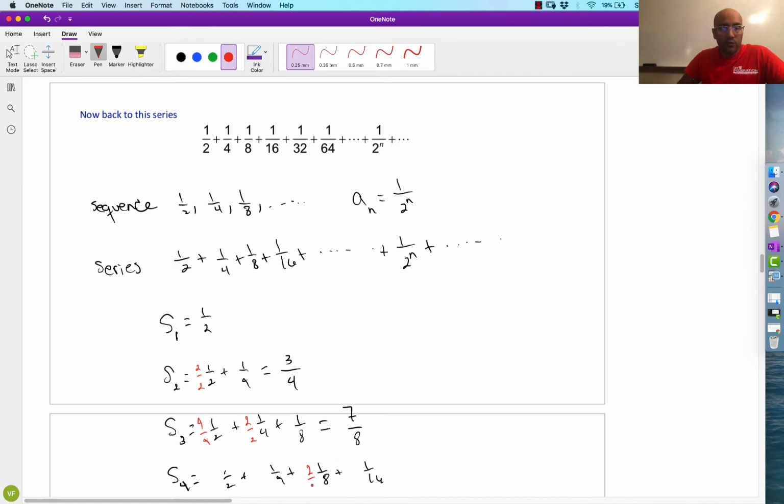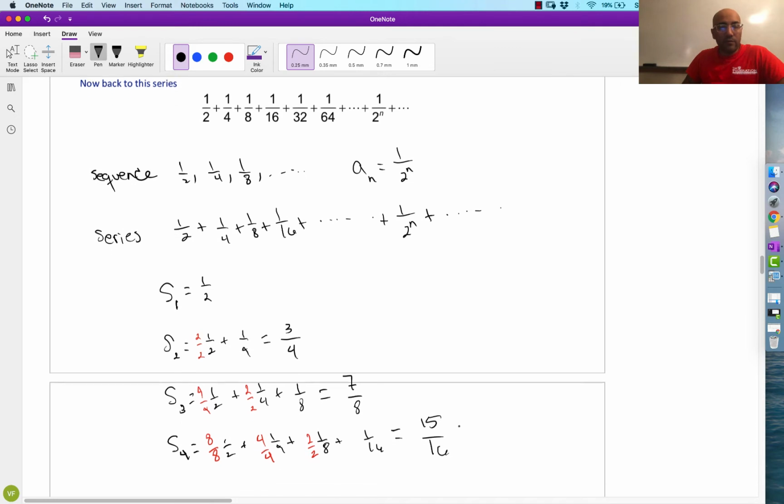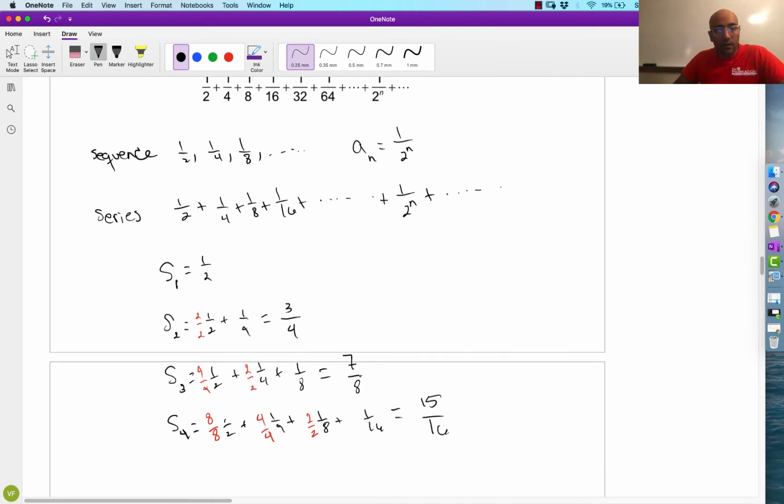So it'll be 2/2 there and 4/4 there and 8/8 there. And they add up to 8 plus 4 is 12, 14, 15/16. Okay, at this point, let's look at some patterns here.